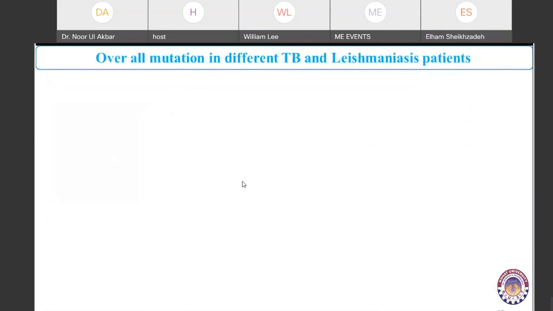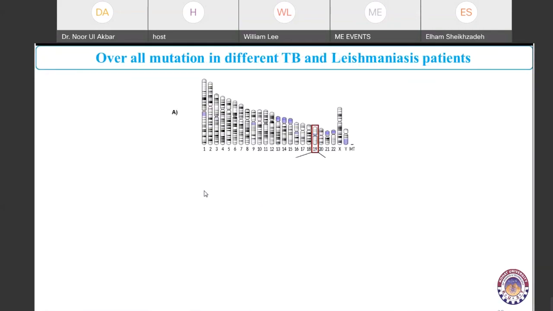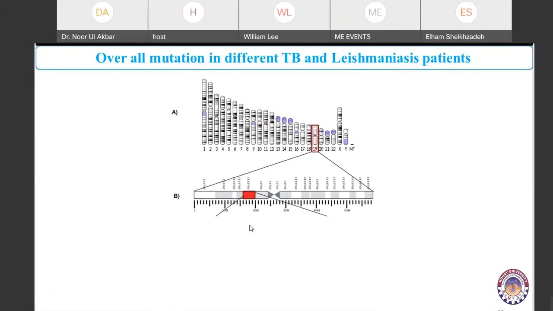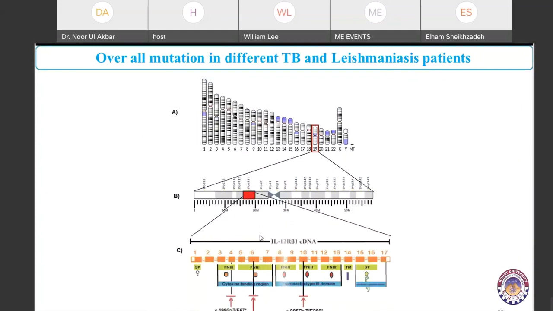These are the overall mutations which were found in our previous work, published in Microbial Pathogenesis. In exon 4, we found the mutation C199G replaced by a stop codon, and a truncated protein was produced.